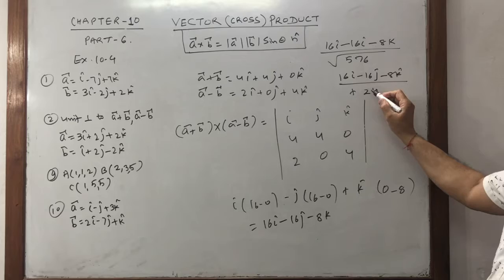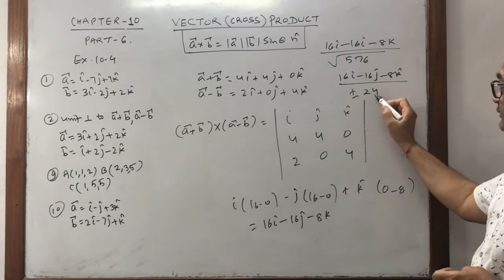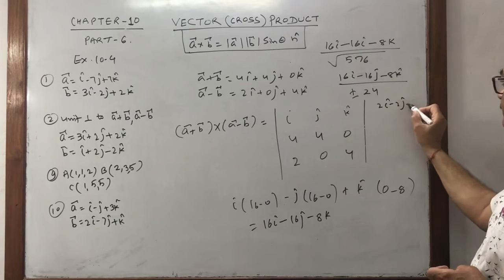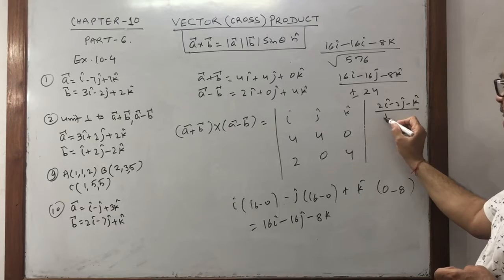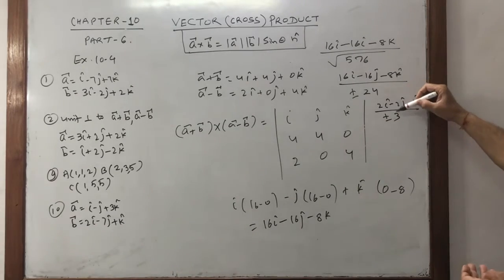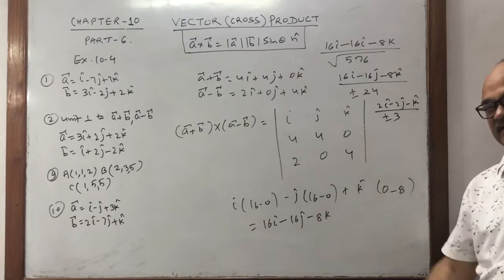And this plus minus 24 will have two answers. First we write 2I, 2J and K divided by plus minus 3. Now we can write 2 by plus minus 3, minus 2 by plus minus 3 and minus K by plus minus 3. Adjust it and you will get the final answer.